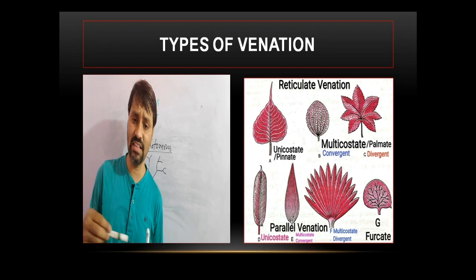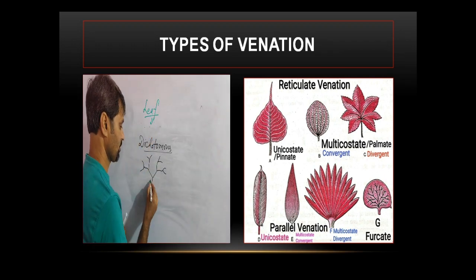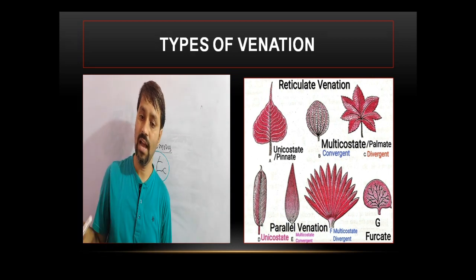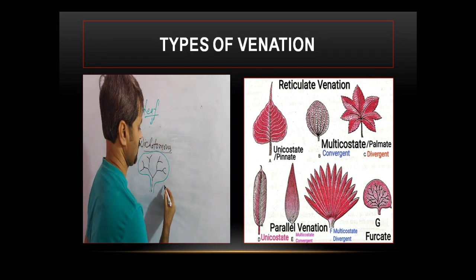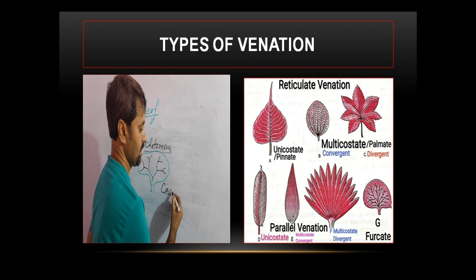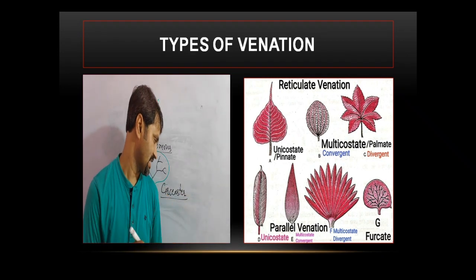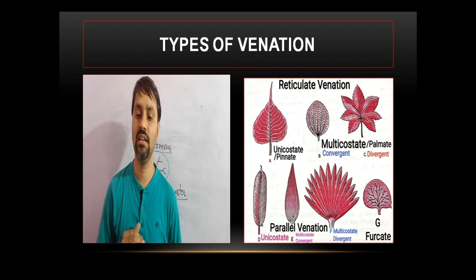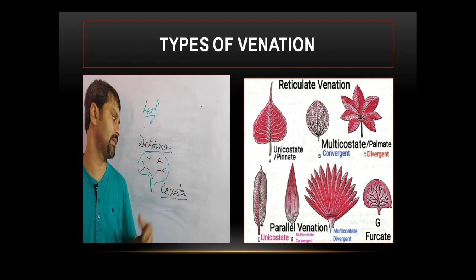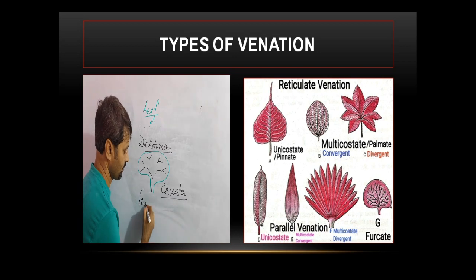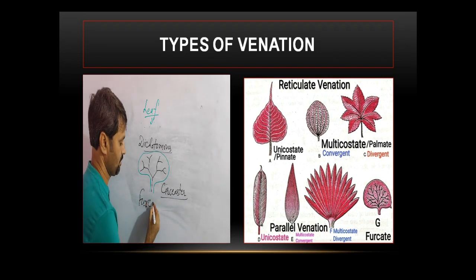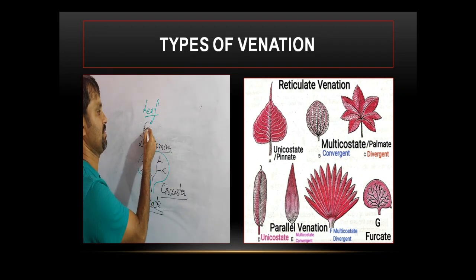If the midrib is dividing like this, a leaf is formed, and this leaf is present in the plant Ceriaster. This is the furcate or dichotomous type of venation.